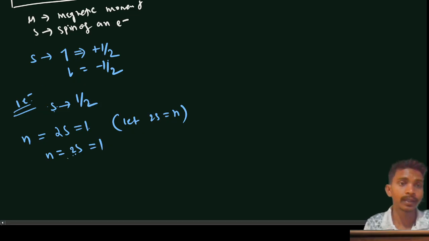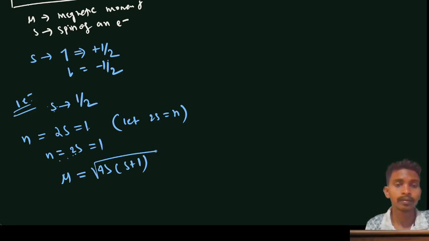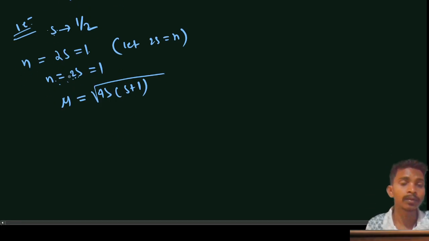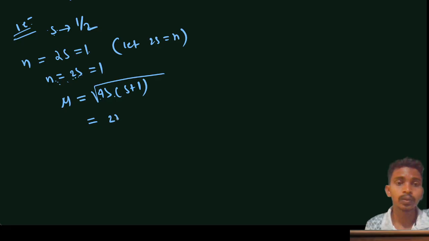Okay, then I can modify this to here, where this is 4s(s+1) under the root. So I take n equals 2s. I want to put it in terms of one electron, so I will take it in terms of n. Then what to do here for s: 2s equals n, so s is n upon 2. Here I want to take everything in terms of n, so n equals 2s, then s equals n upon 2.